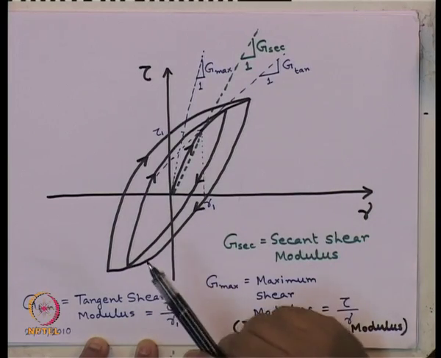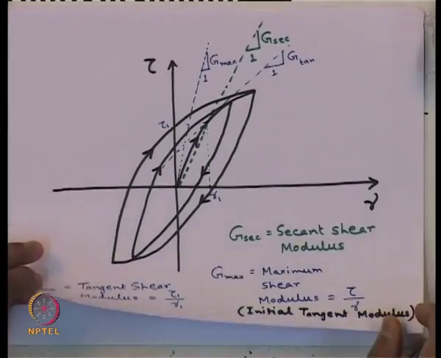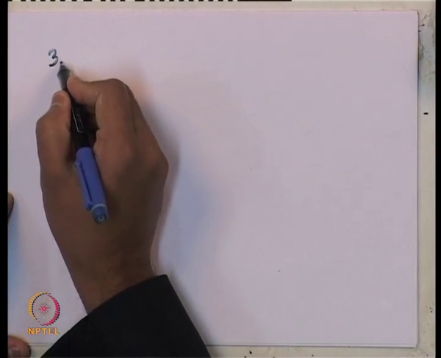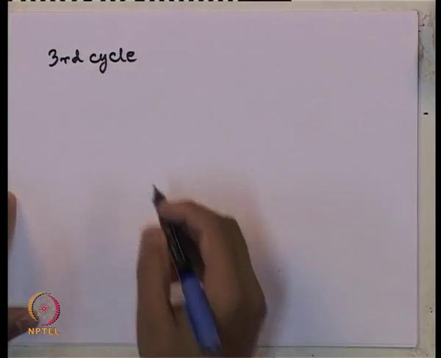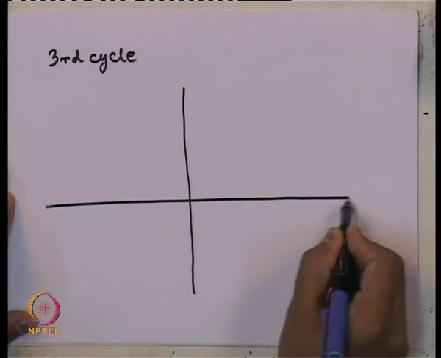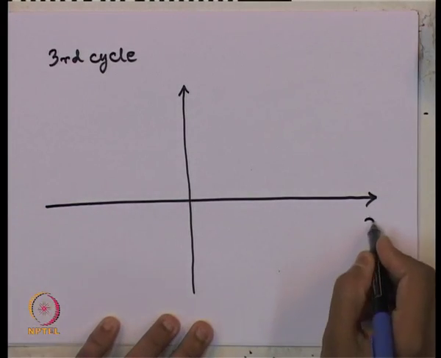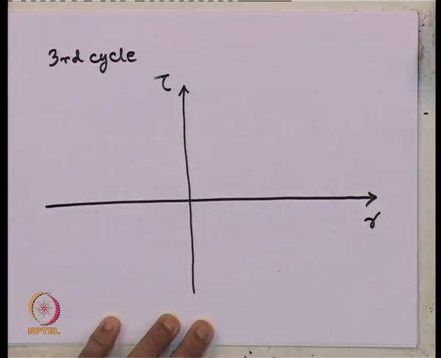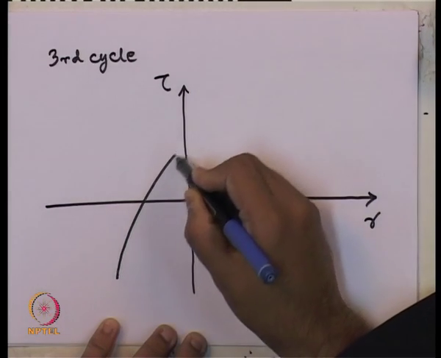Now, among these curves, the third cycle is called the representative cycle. The third cycle of the hysteresis curve is called the representative cycle to compute the value of damping ratio. So, now let me plot the hysteresis curve for a typical third cycle.